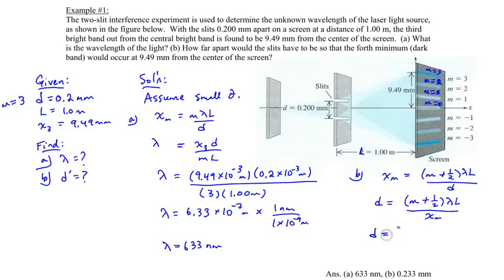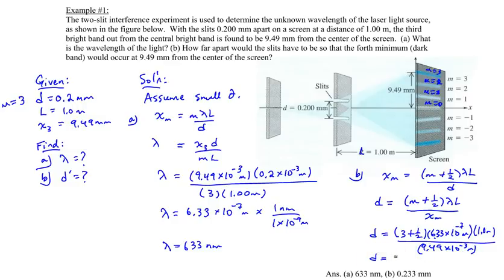So we're going to plug in 3 plus a half times our wavelength, 6.33 times 10 to the power negative 7 meters, times L, which is 1, and divide by our distance of 9.49 times 10 to the power of negative 3 meters.